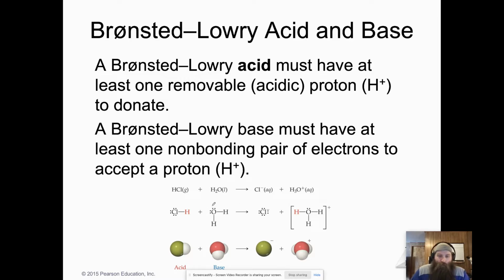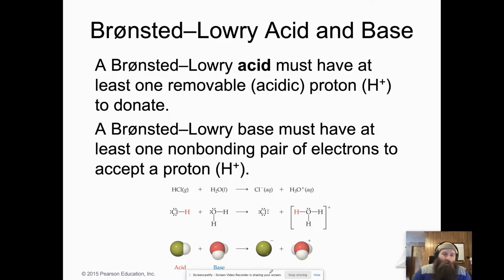The way we do that is we take these two little lone pairs and we draw a little arrow right there and we say, hey, I'm stealing this, and then this bond, those two electrons go live on chlorine, and so I'm left with a chlorine species with a negative charge on the right, and this interesting looking molecule, H₃O+, which is hydronium. And we're going to want to know that word, hydronium.